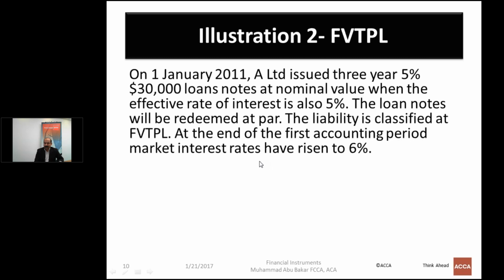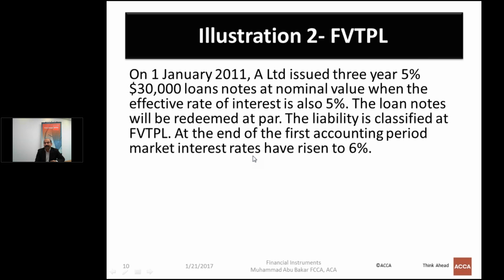See, this illustration is in front of you. On 1st January 2011, A Limited issued 3-year 5% $30,000 loan notes at a nominal value, when the effective rate of interest is also 5%. The loan notes will be redeemed at par.